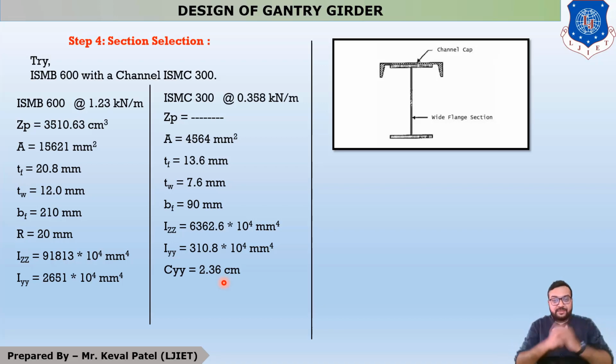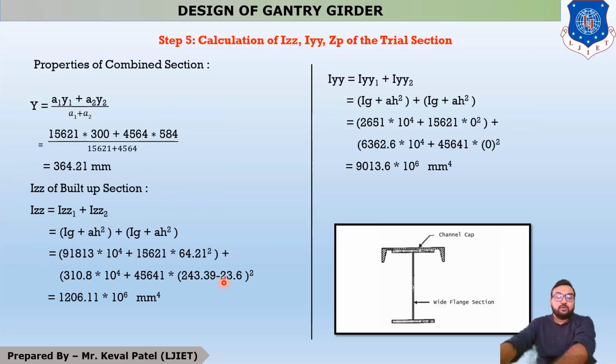For example, if we provide only an I section, the CG is exactly at the neutral axis, but whenever we provide a channel section at the top of the flange, our center of gravity moves in the upward direction, because we provide some section at the top of the flange. So now we have to calculate IZZ, IYY, ZB of the trial section.